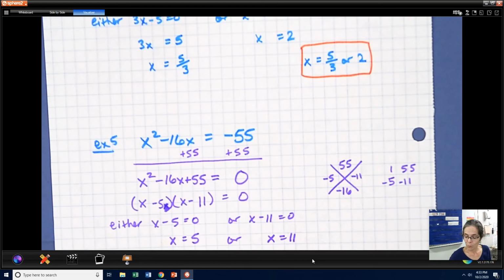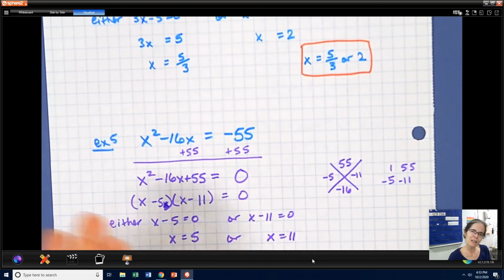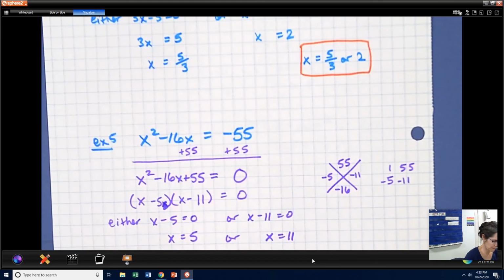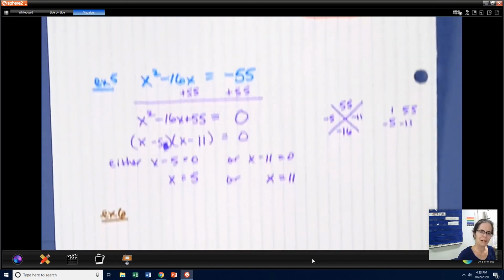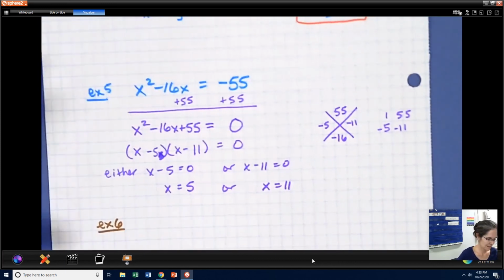Now I can leave you with one last more challenging question. Suppose, and I'll give you one that's like this a little bit. Suppose, and this is just extra for experts. Suppose I have this equation.